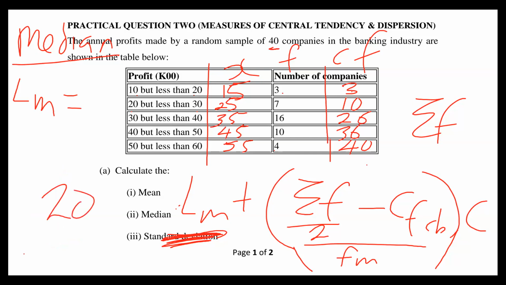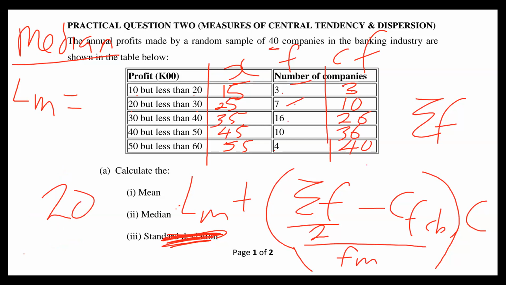Now you add these frequencies to see where there is 20. In which class can we find 20? There is the 3 plus 7, that's 10. Then 10 plus 16 is 26.